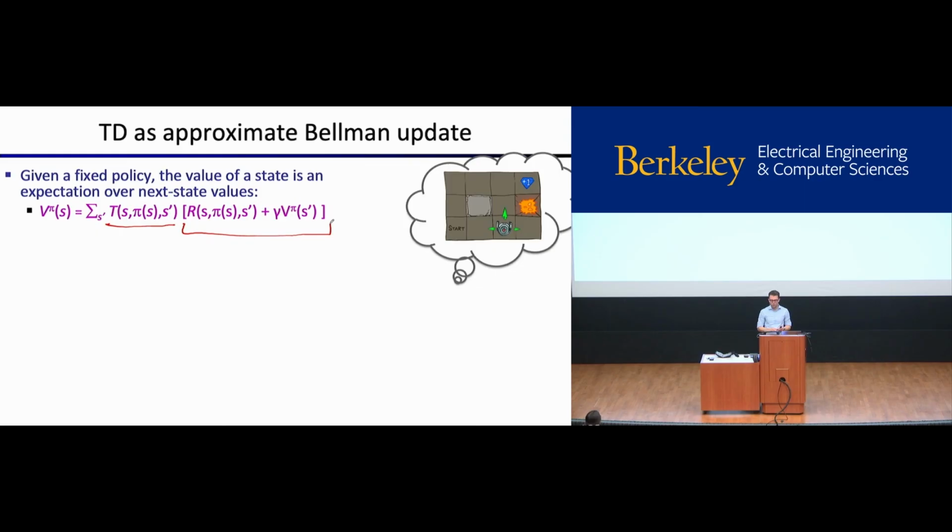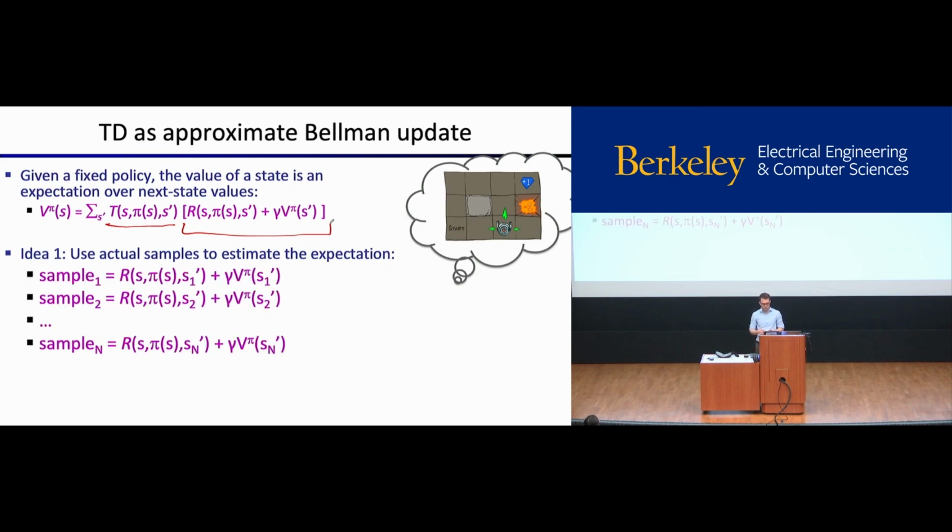So that's like we have this model in our heads of how the grid world works, and we're just going to use samples to estimate this expectation instead. So we get a bunch of samples, we run around under this policy in the environment, we accumulate these samples, and for each sample we write down whatever that reward value was, check our value function for that next state, add these two things together, do the discounting with gamma, and then add them up and divide by the number of samples.